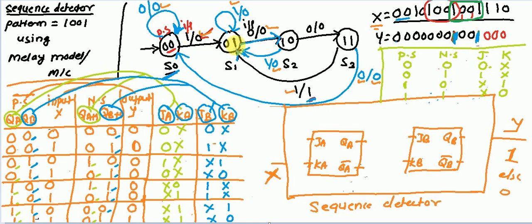Now 01 state with input 0 reaching to 10 state, generating the output 0. The next 10 state with input 0 reaching to state 11, generating the output 0. Then next 11 state with input 1 reaching to S1, generating output 1.